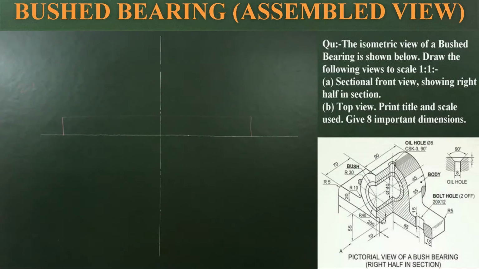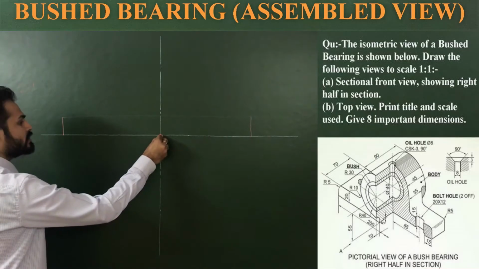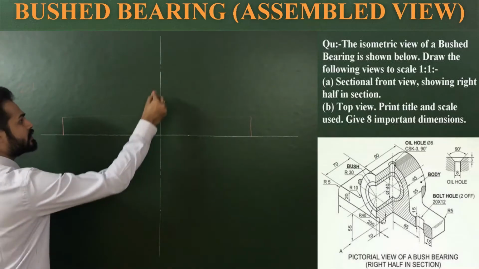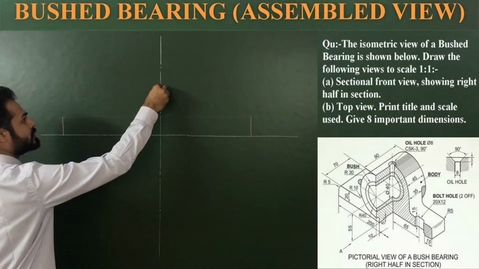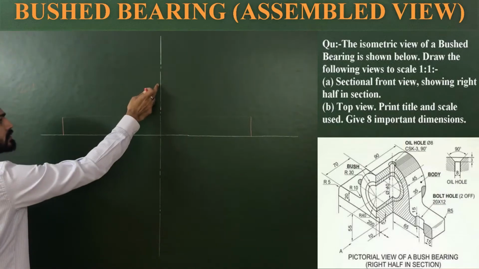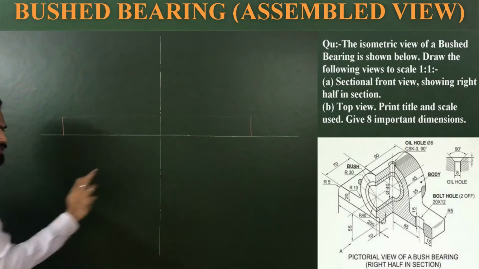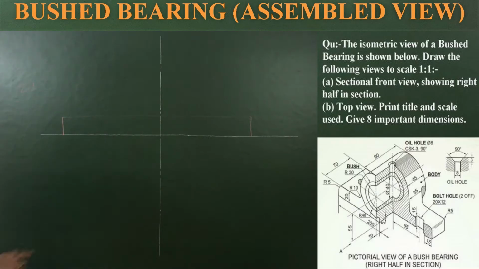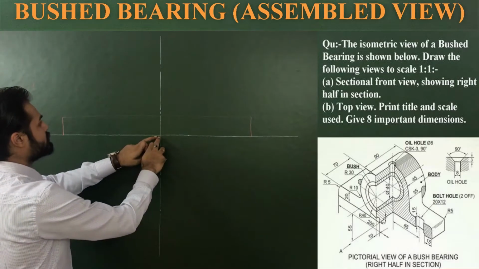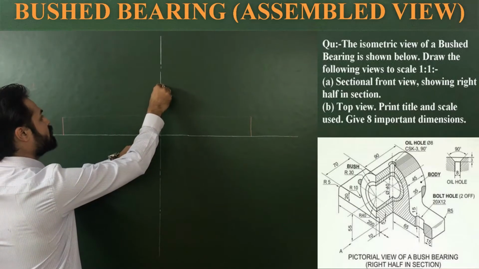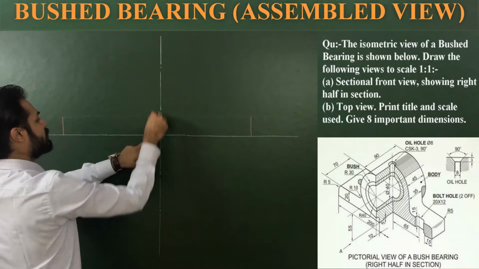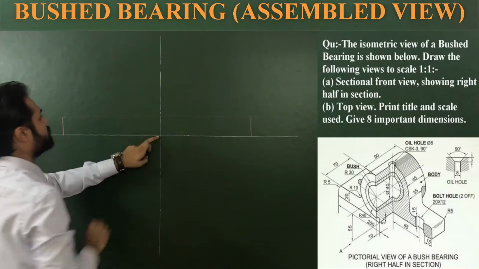Now after the base, we'll mark the center, and the distance of the center from the base is 55. So from this point along the central axis, mark the center point at 55.